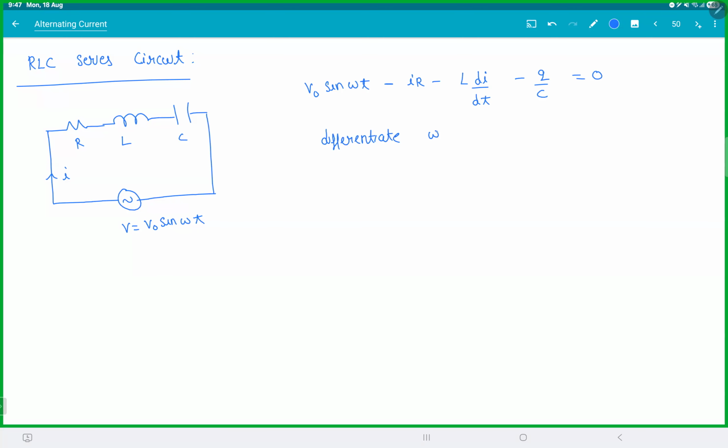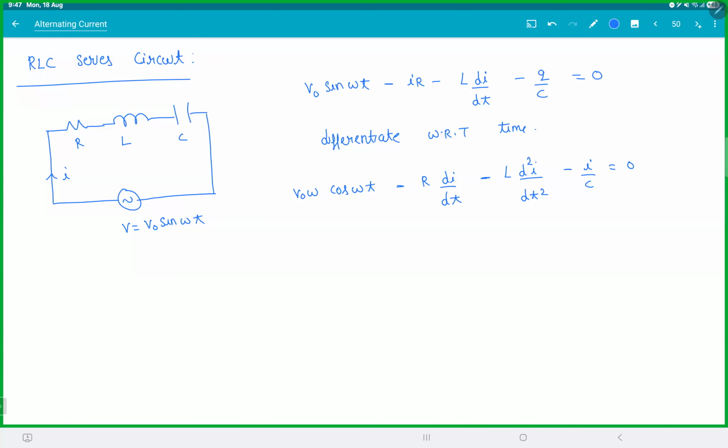If you differentiate this with respect to time, this will become V naught cos omega t, this will become R dI by dt, L d square I by dt square, minus I by C is equal to 0.